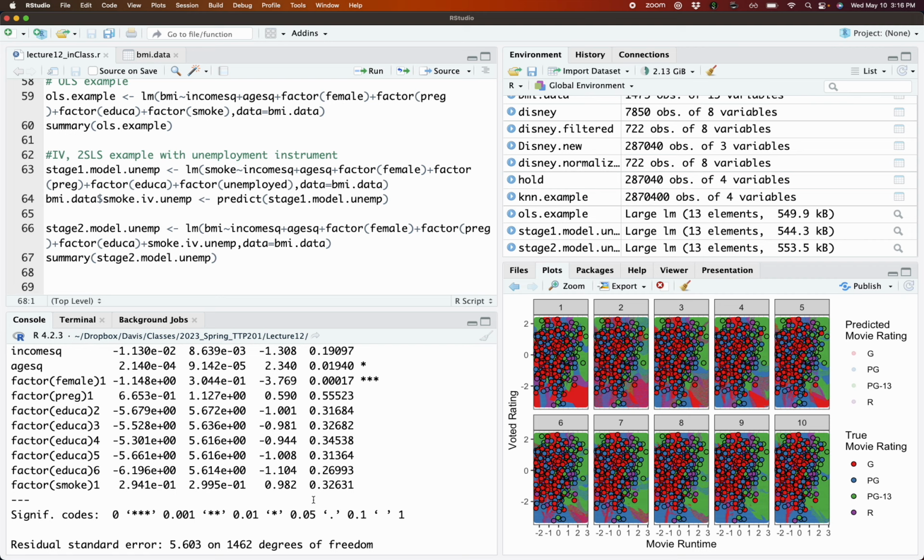And so by doing this sort of procedure and controlling for things, you can end up with much different effects.